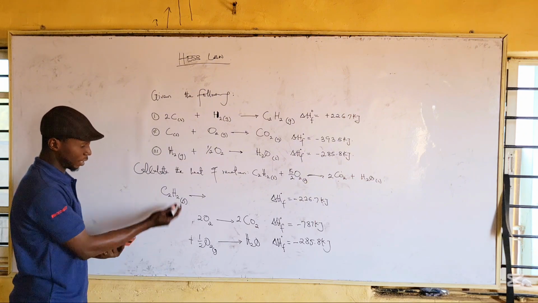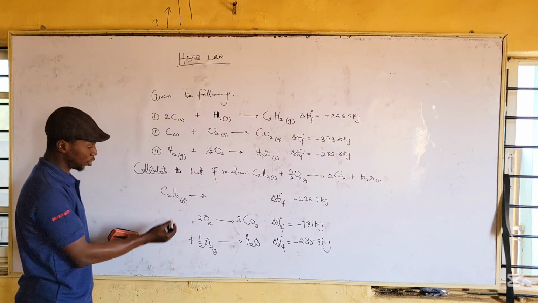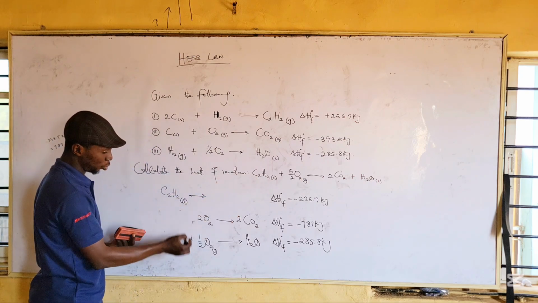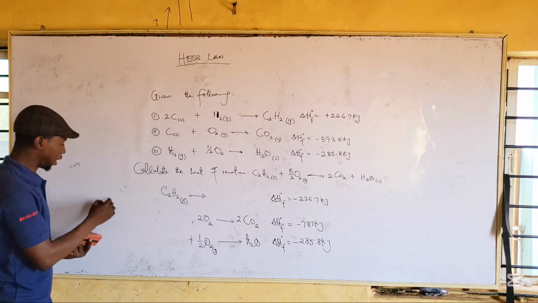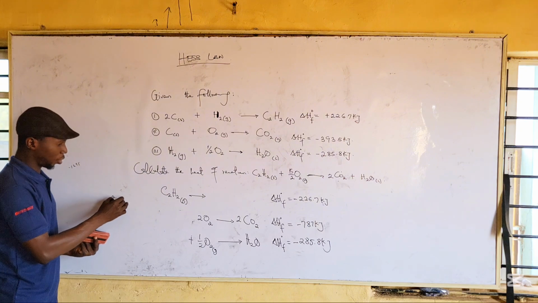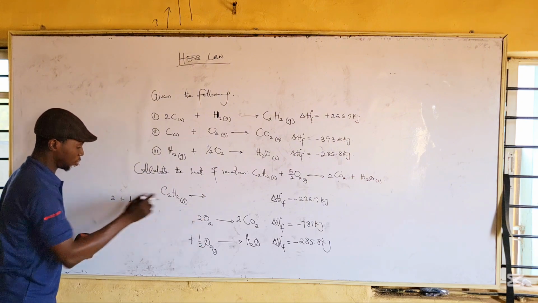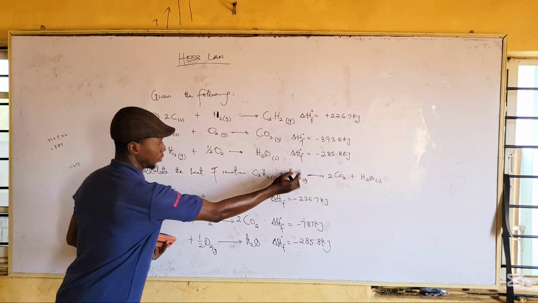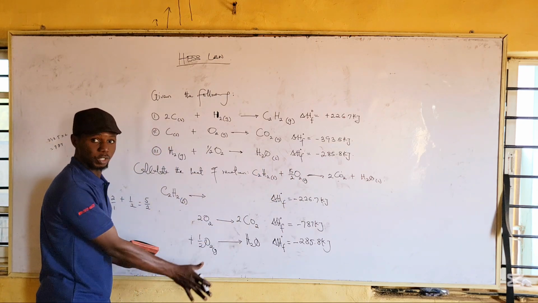Now at the reactant side of the total equation, we have C2H2. We have 2O2 plus half O2. If you add 2 plus 1 over 2, your answer will be 5 over 2, which is what we need here. So it means we are adding all the equations together.